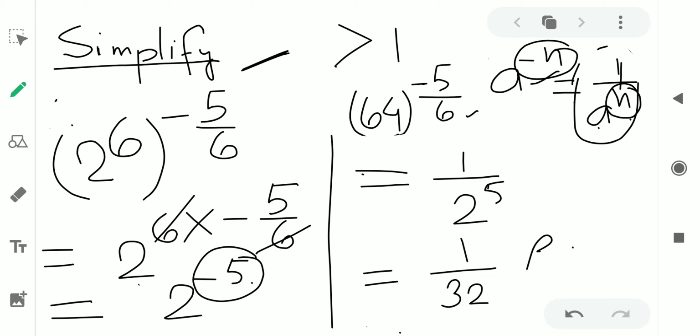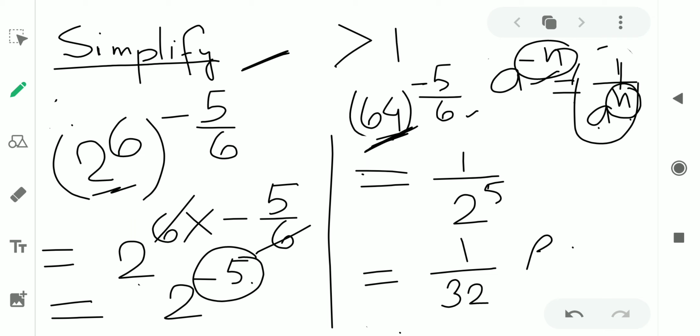Always remember, when it says evaluate or simplify, we have to look at the number inside the bracket and see how we can express the given number as a power of some other number.